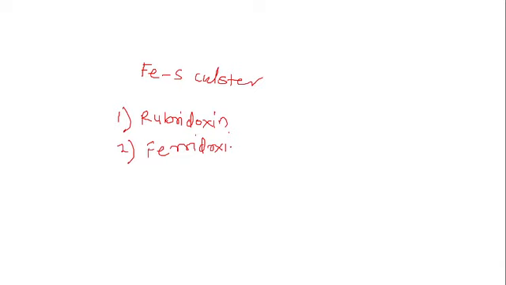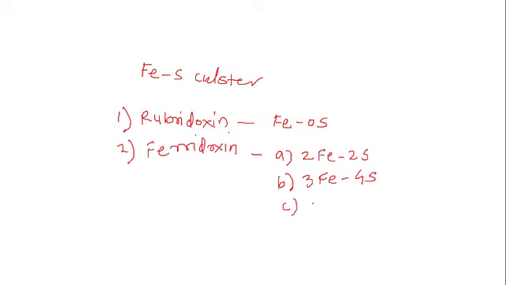Okay, this rubredoxin has only one type, called 1Fe0S compound or protein, and this ferredoxin is divided into three types. First, the 2Fe2S cluster or protein. Second type, the 3Fe and 4S cluster, and the third type, the 4Fe and 4S cluster.